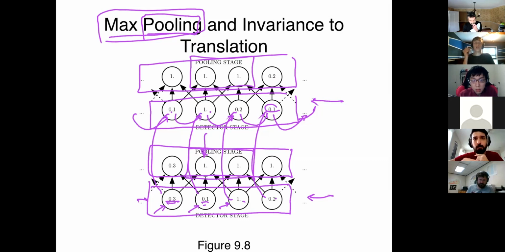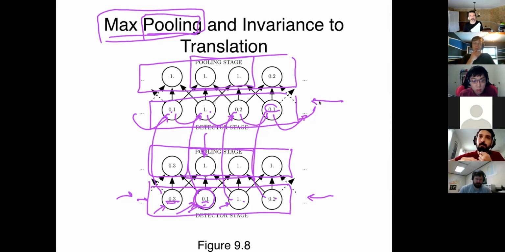I didn't see anything change on the screen. This one? You don't see anything change? Above it, yeah, the one node above it. Here, you mean? Yeah, okay, I guess I'm thinking about this upside down. So basically, for this guy, you need to look at these three, 0.3, 0.1, and 1. So what is the maximum? 1.